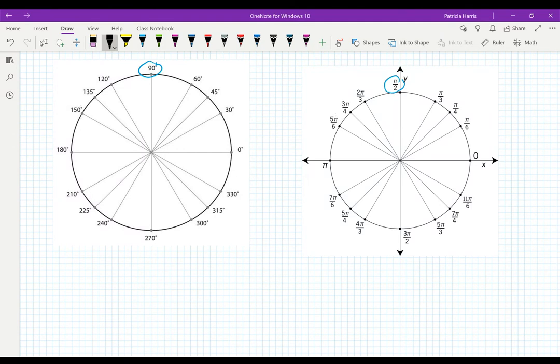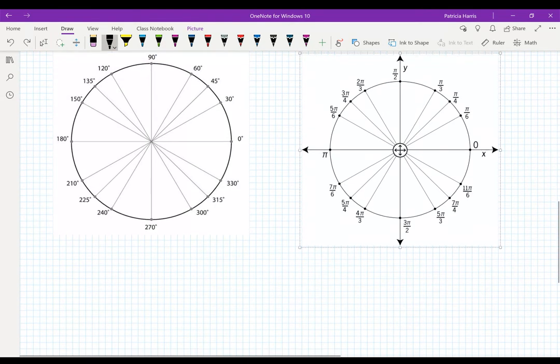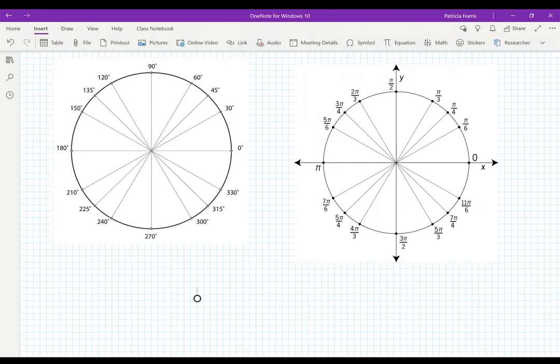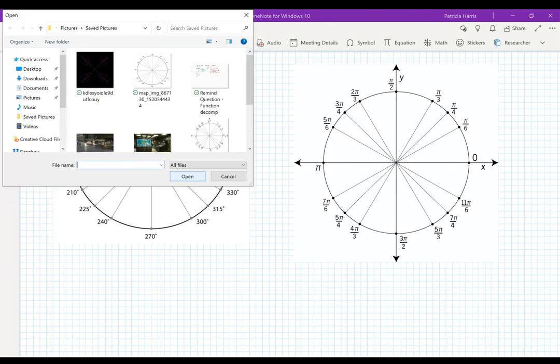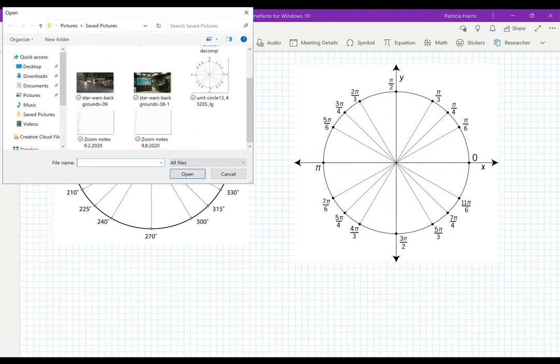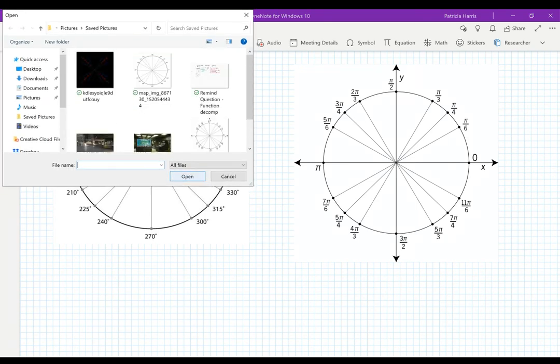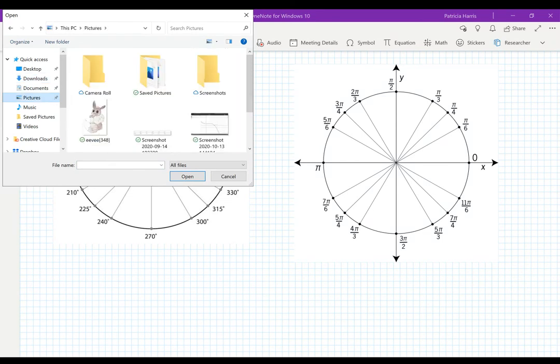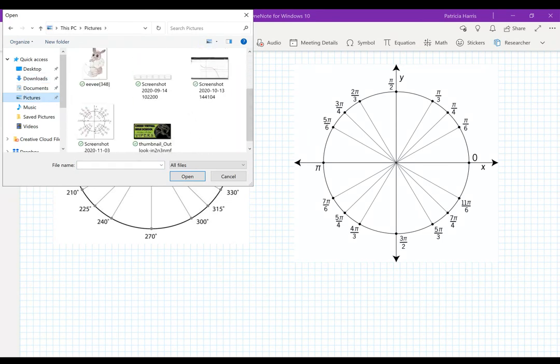Let's get rid of those circles. Let's see if I can move that up a bit. There it is.